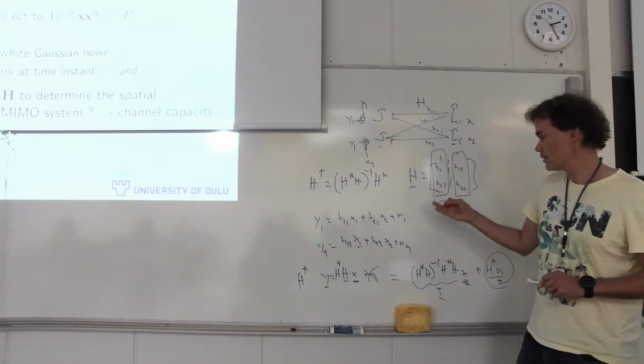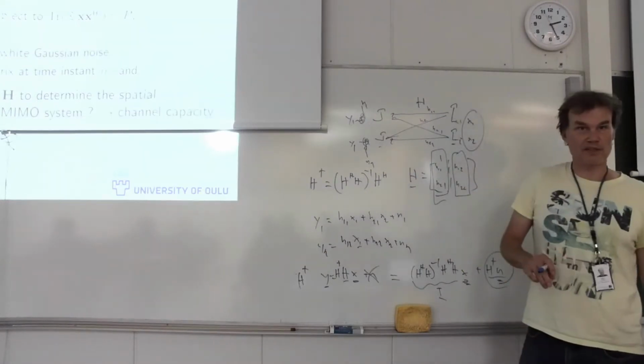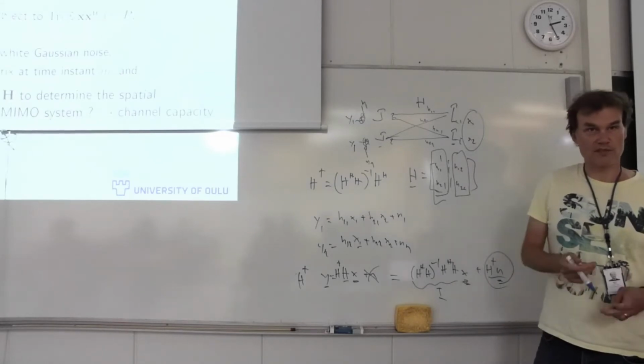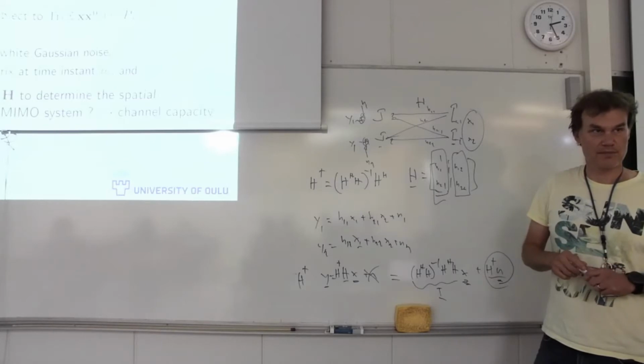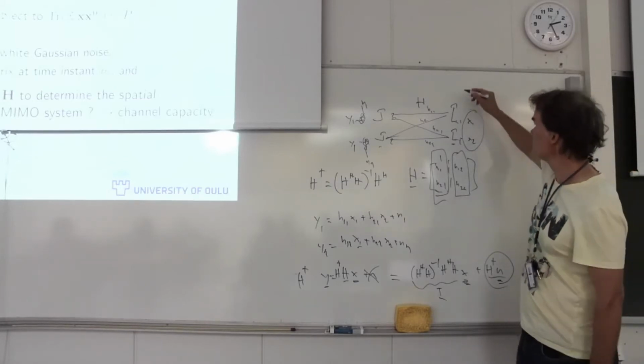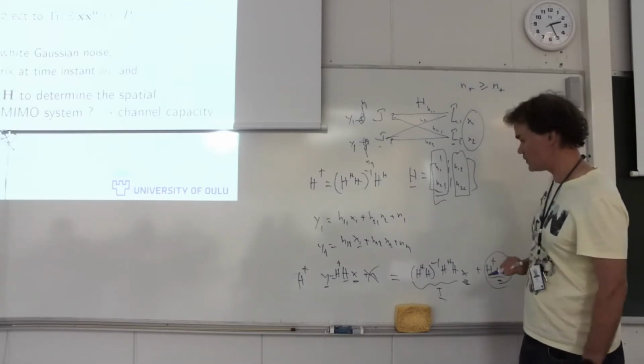Given the size of the transmitted vector, the number of receive antennas has to be at least equal to the number of transmit antennas. Yes, NR has to be larger or equal to NT.